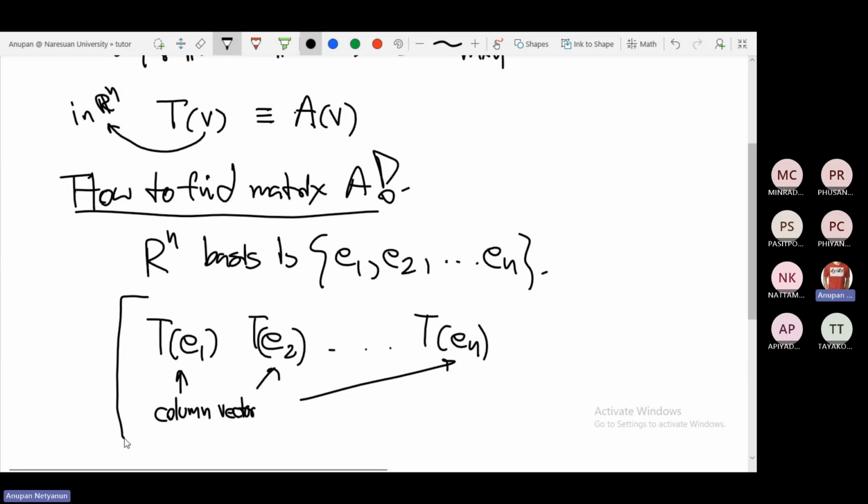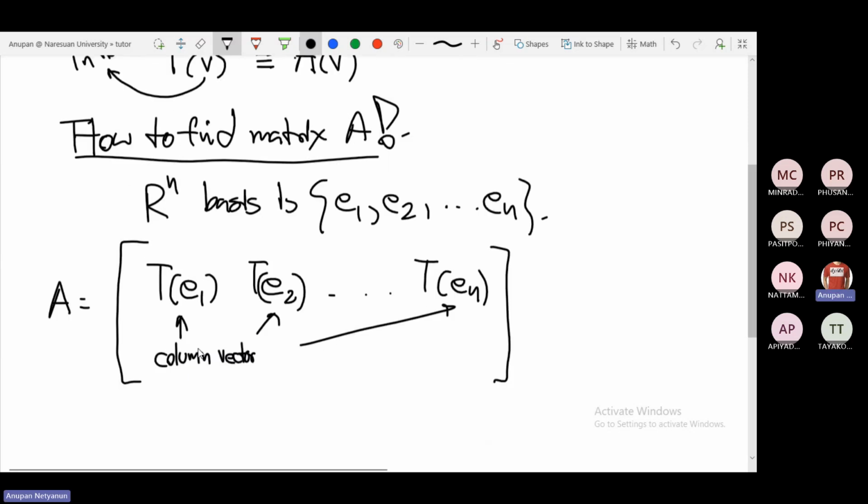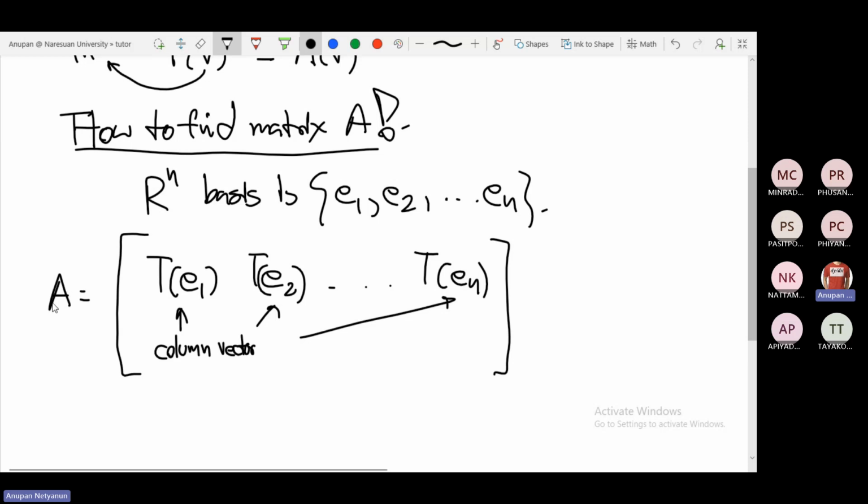Then you will have a matrix A, which consists of the column vectors that you get from applying T to the natural basis. This is how you can form the matrix A.